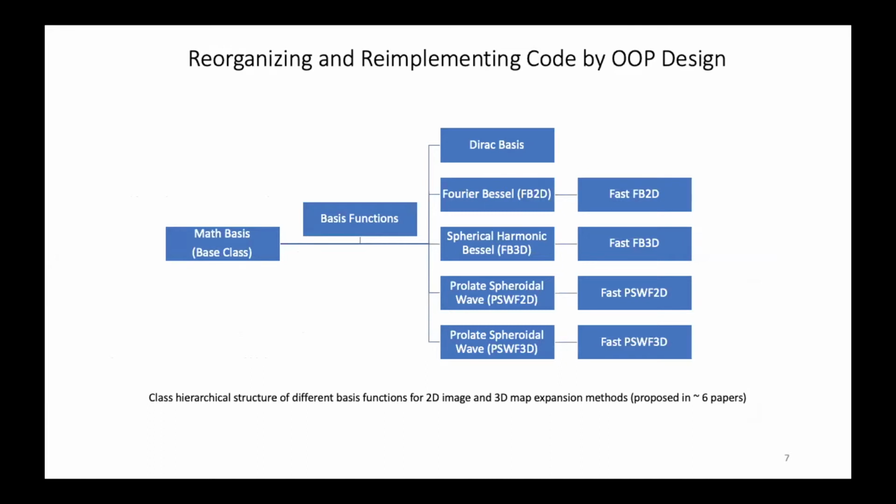Currently there are more than 6 scientific papers proposing different mathematical functions to do 2D image expansion. This graph shows how we re-implemented the mathematically based functions using a class hierarchy structure.